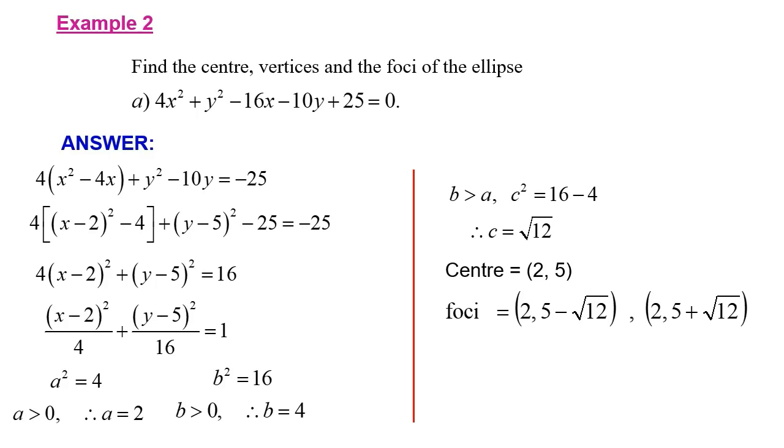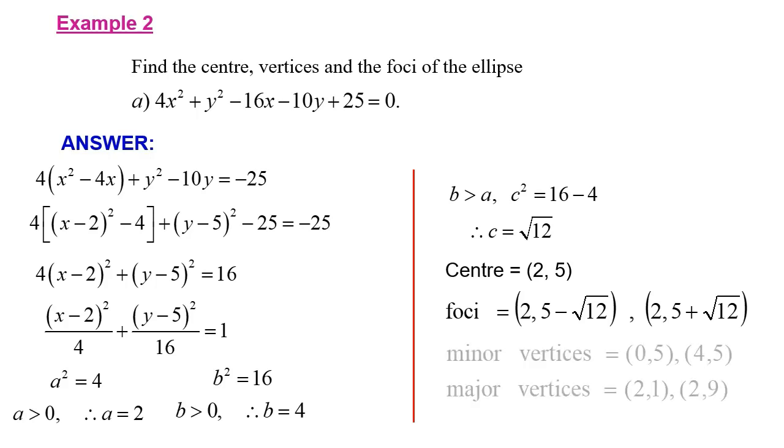Remember, our case here is a vertical major axis because B is greater than A. So the changing coordinate here is y. So 5 minus C, that is 12, and the other one 5 plus C, that is positive 12.